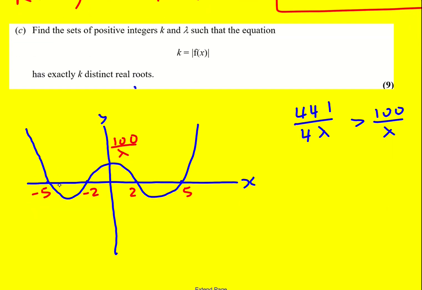So when we take the modulus, this negative bit will flip and be larger.